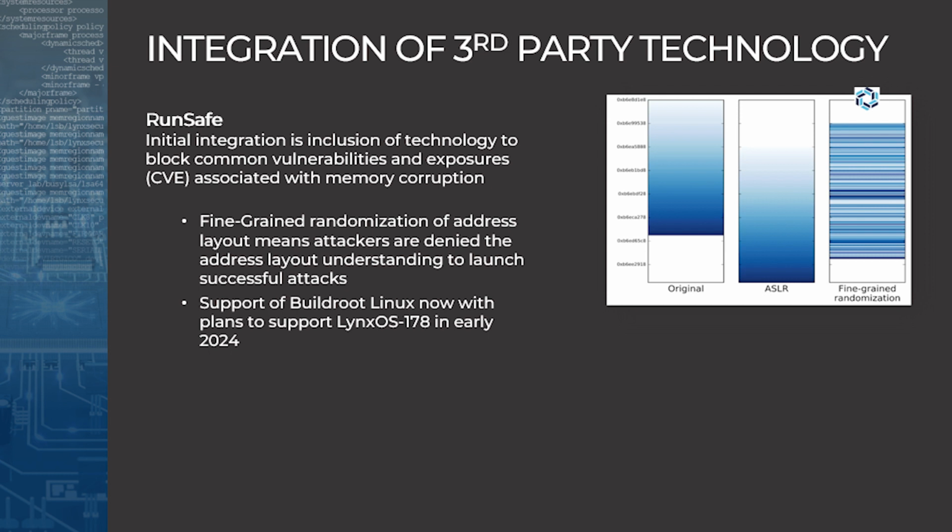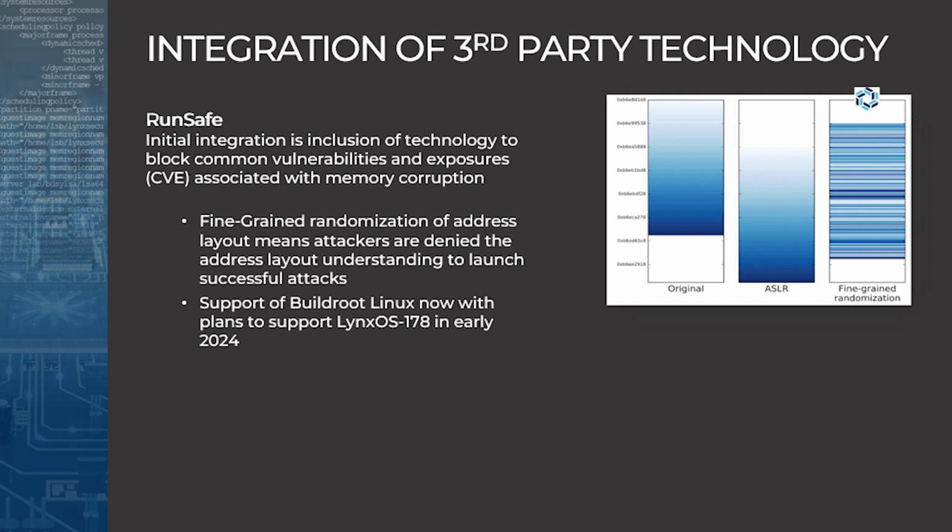That makes it much harder for people to actually compromise and change the functionality of a system. That's supporting Buildroot Linux now, and we're looking at how that technology can be supported with applications running on LYNX MOSA.ic in the early part of 2024.